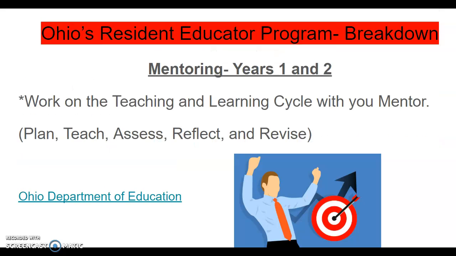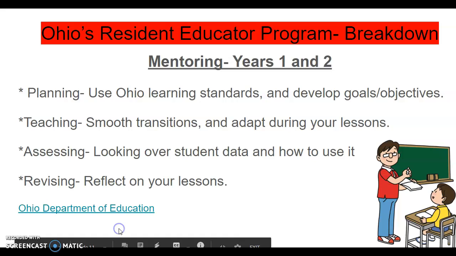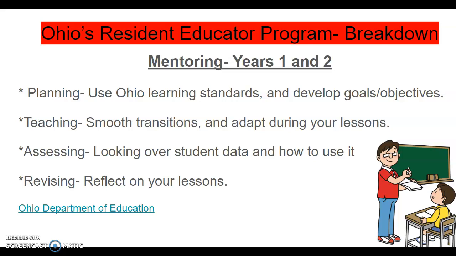Resident educator and mentor work closely together on the teaching and learning cycle. Very important. Components in this are plan, teach, assess, reflect, and revise. Within the teaching and learning cycle, when you plan, you'll be using the Ohio Learning Standards and developing appropriate goals and objectives.